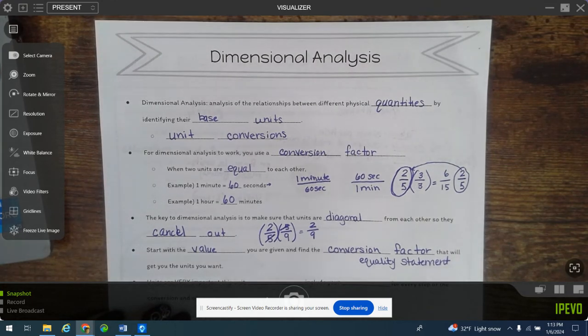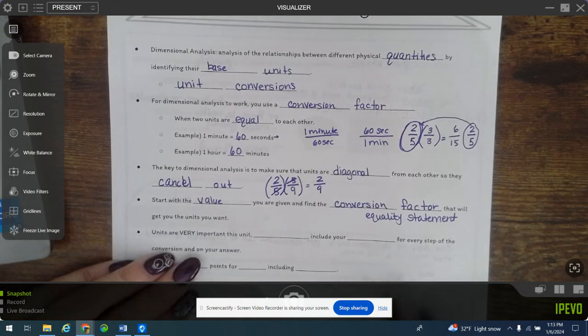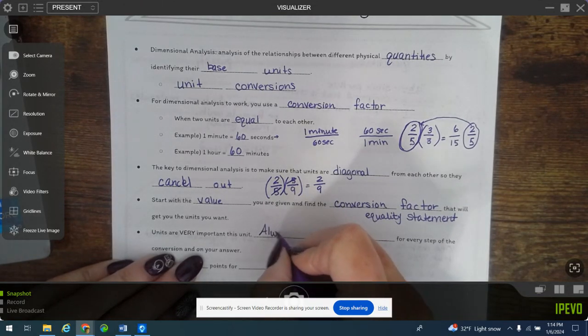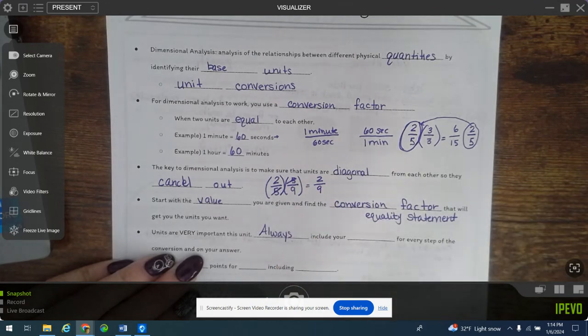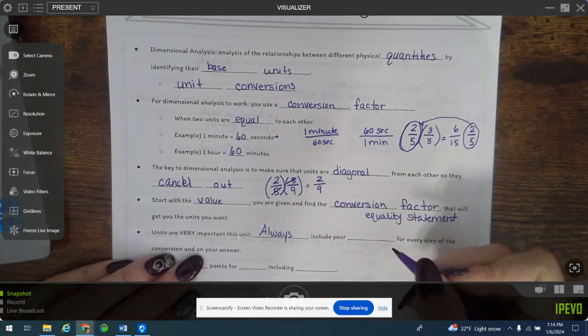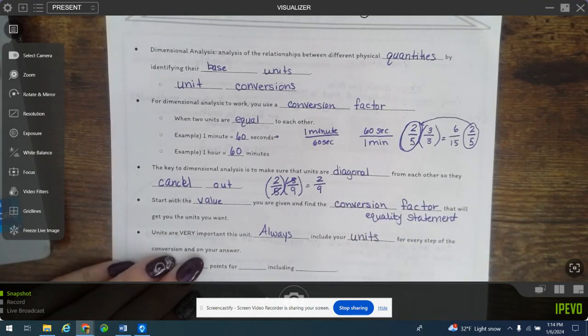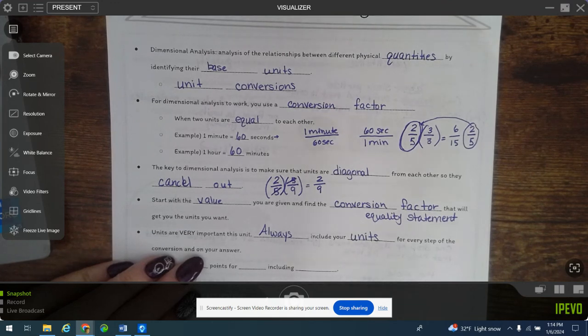Now in this unit and the next unit and the next, units are extremely important. You always need to include your units for every step of every problem that you do. I said this a lot last semester, I'll say it a ton this semester: I can't give you partial credit if I'm not sure what you're doing.